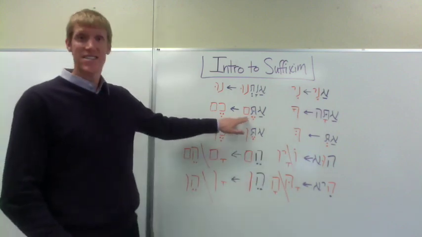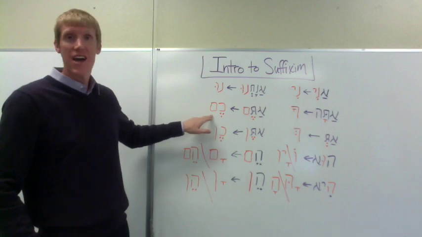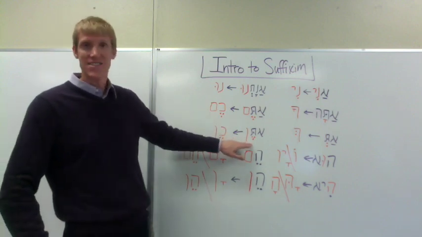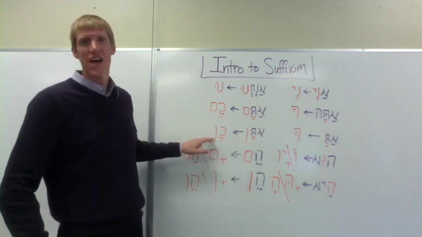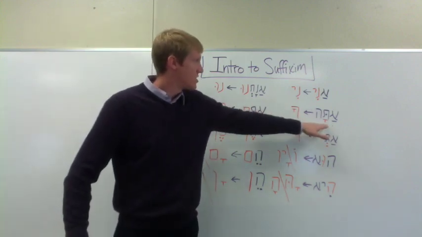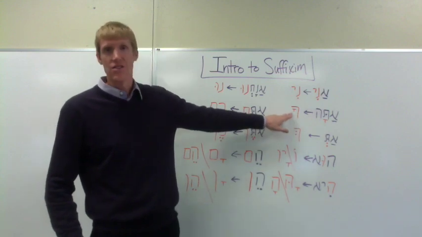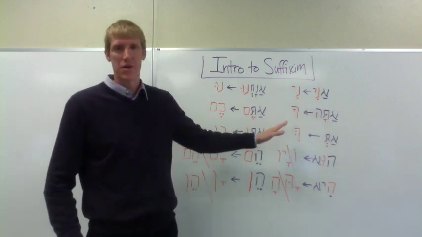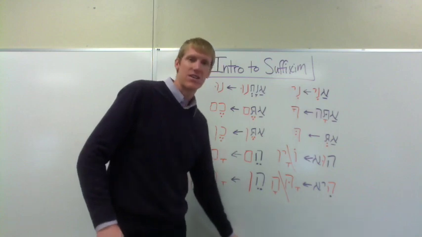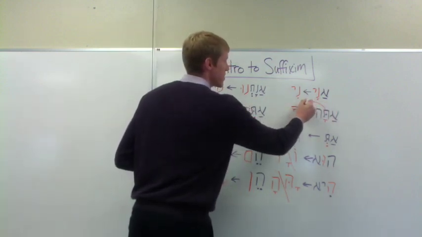Then atem, y'all, guys, becomes chem, and aten becomes chen. Okay, so even though it's just the vowel here that gets added into the suffix, they still rhyme. That tav and that kaf are very similar.